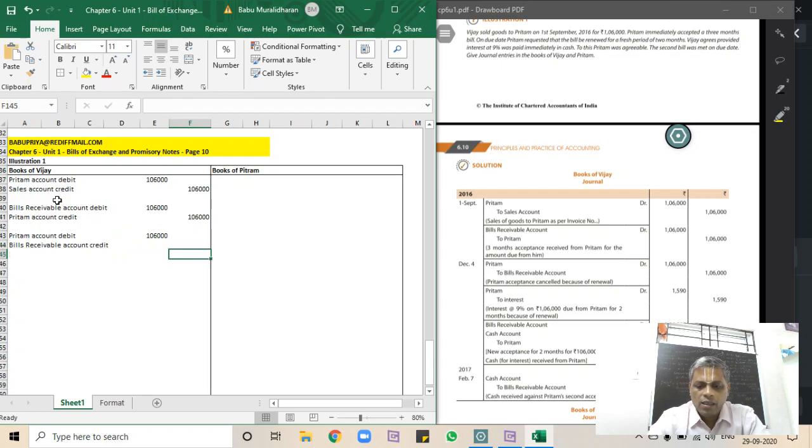Now, Preetham has agreed to pay Vijay an interest of 9% for a period of 2 months.